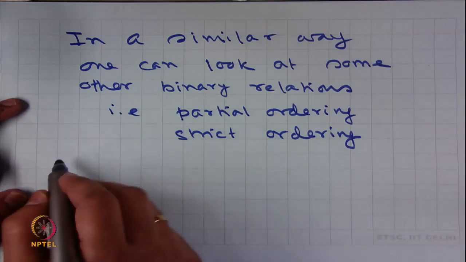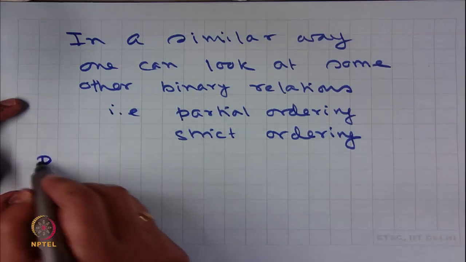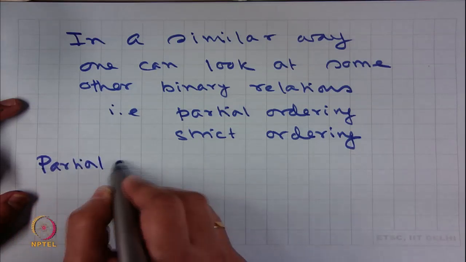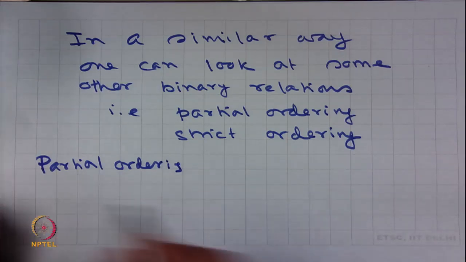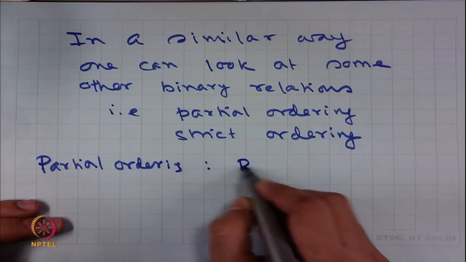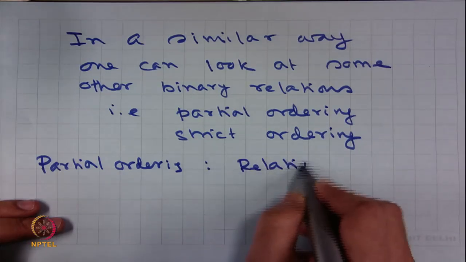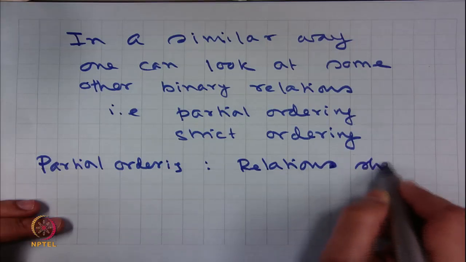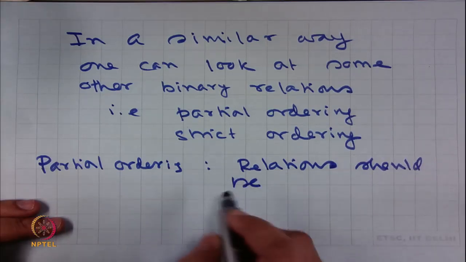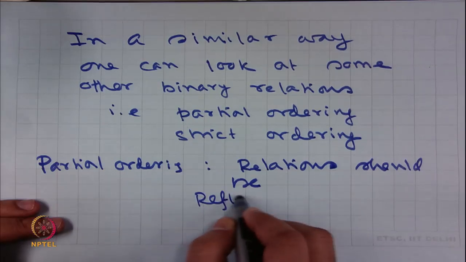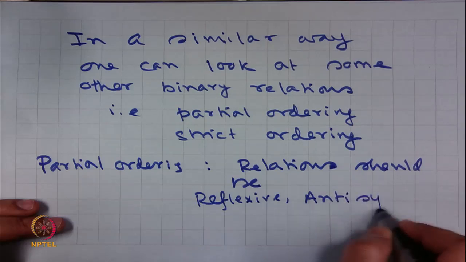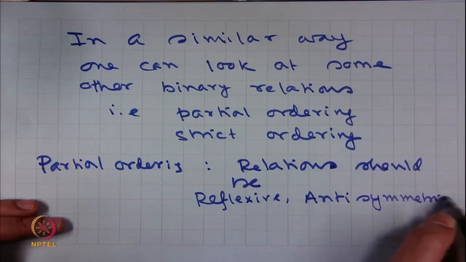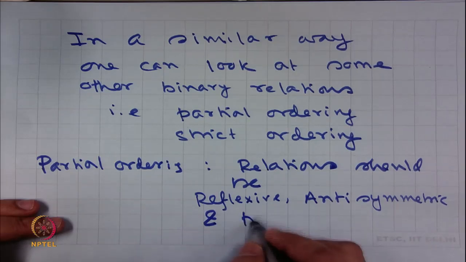For partial ordering we have seen that the relation should be reflexive, antisymmetric, and transitive.